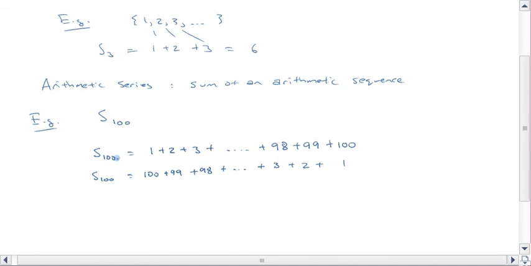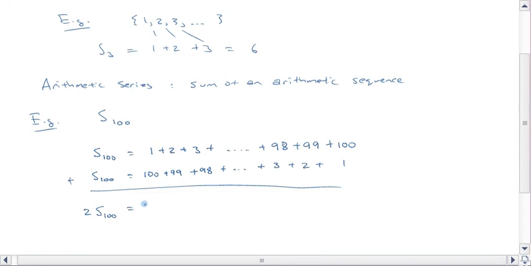So S100 and S100, right? I can add these two equations together, there's no reason why I can't. What would I get? S100 plus S100 must be 2S100, right? And now I can add each of these terms.